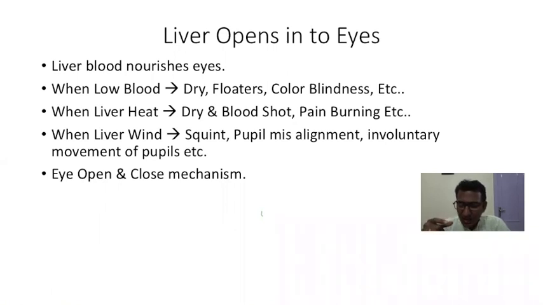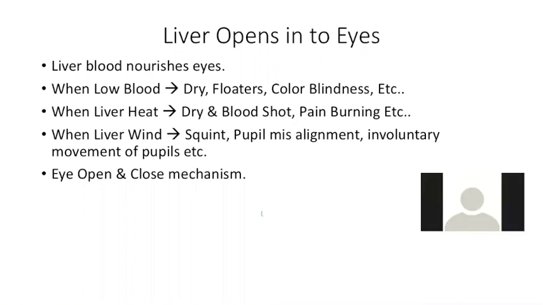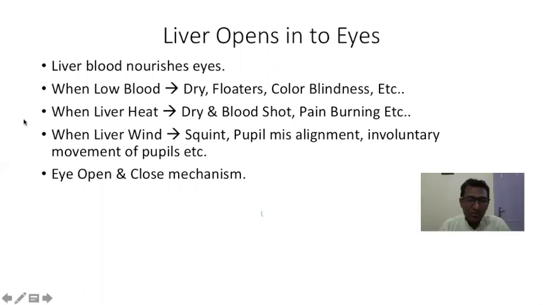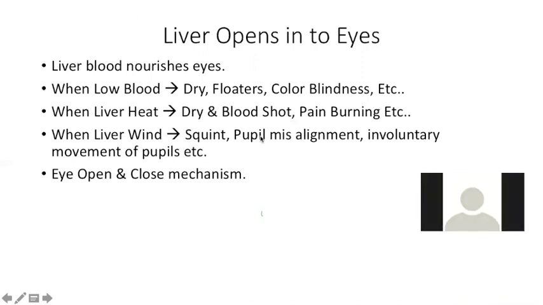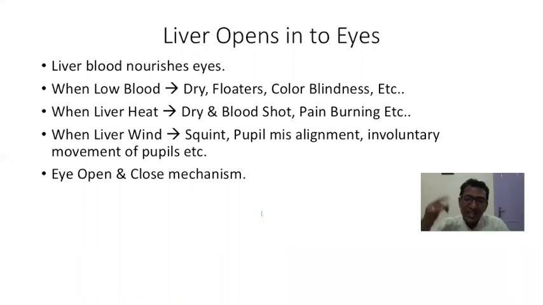When I say opening, the food goes through the mouth into the stomach. The opening of the stomach is the mouth. Similarly, the lungs have the nose as their opening, so the air flows through the nose into the lungs, right?